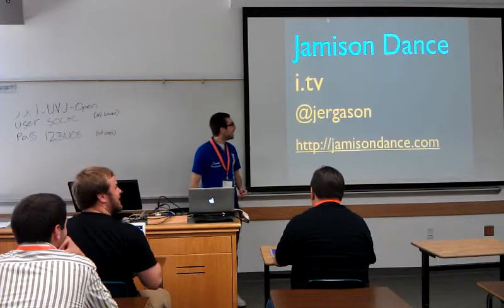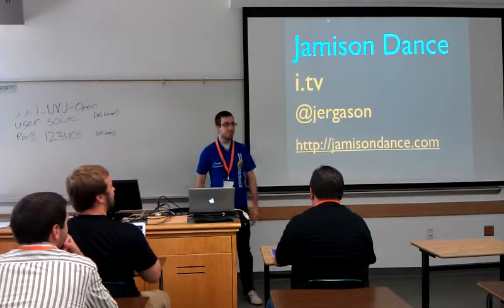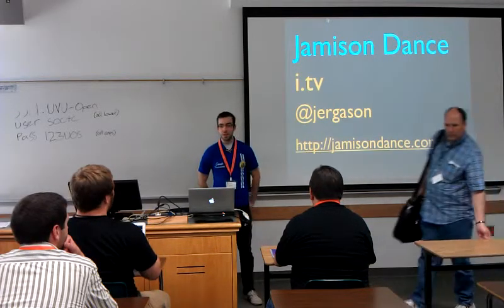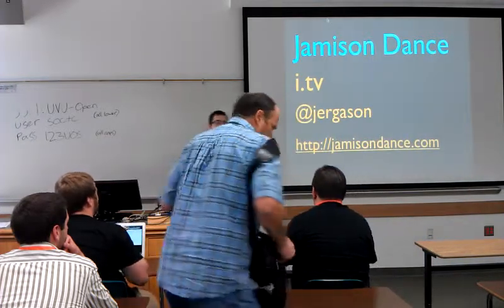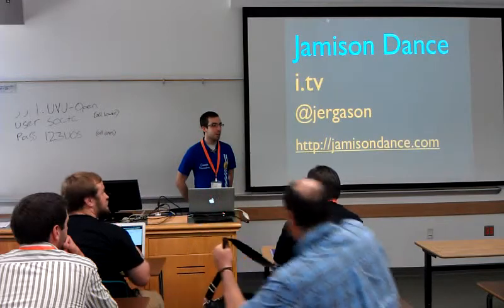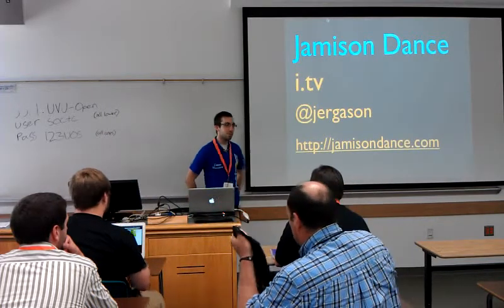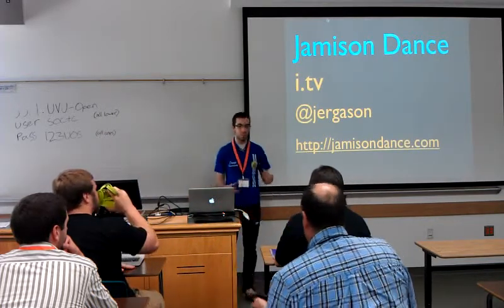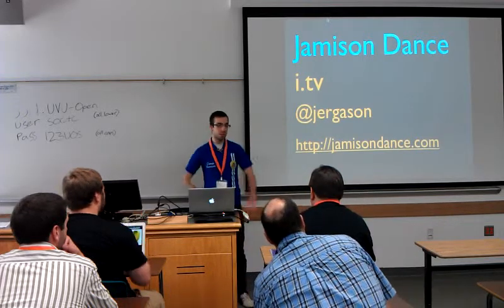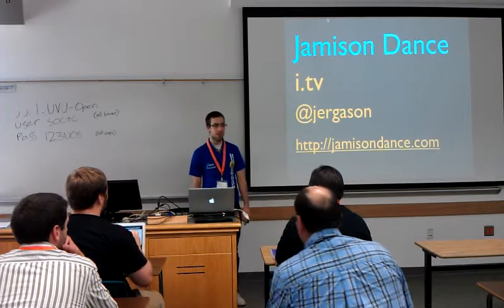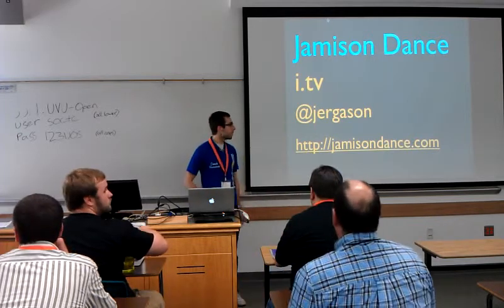Okay, good. So a little bit about me. My name is Jamison Dance. I'm a software developer at ITV. ITV is a JavaScript-based startup. They do second screen technology stuff. So if you're watching TV, you can pull up an app on your iPhone or your computer to get more information. It's all JavaScript, front end and back end. So we do Node.js, all kinds of buzzwords.